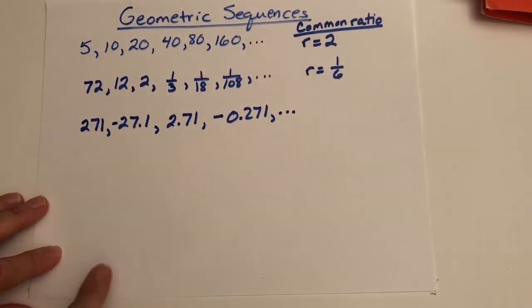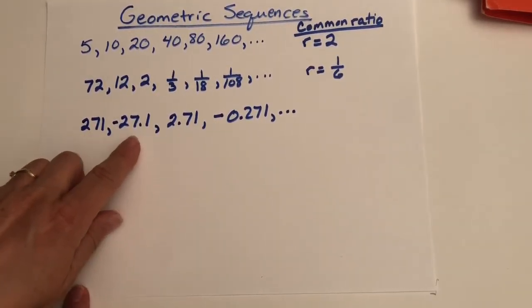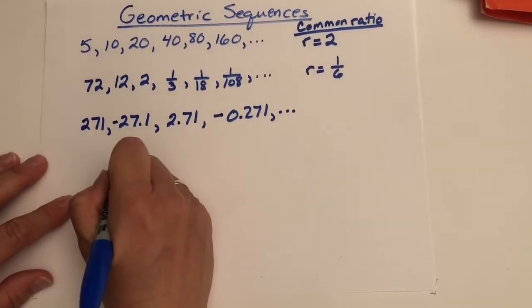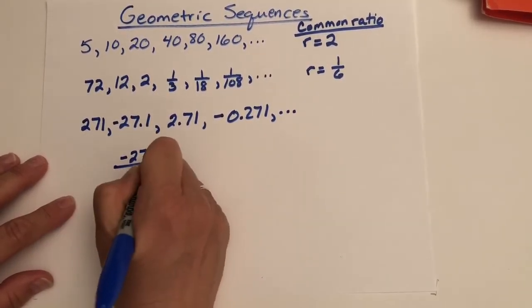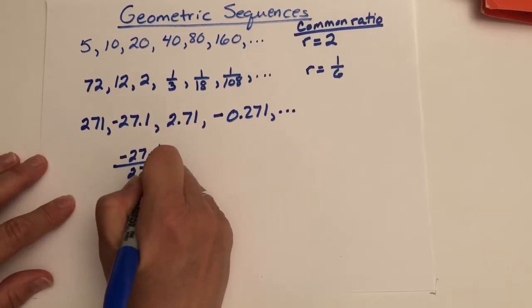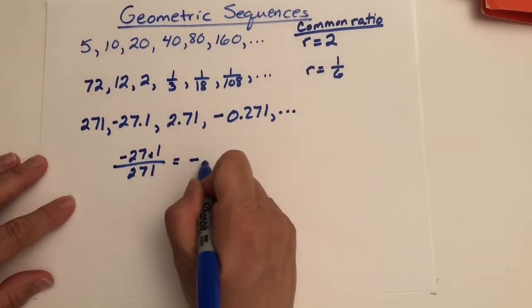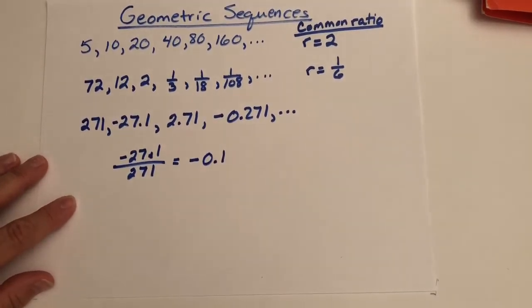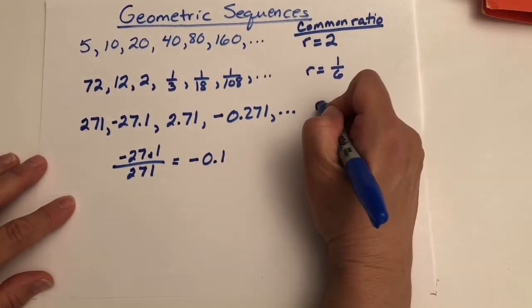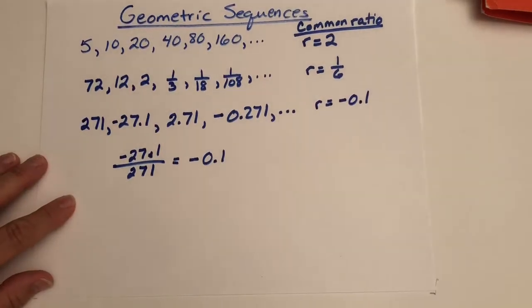In other words, if we take any two terms and divide, say negative 27.1 divided by 271, you would get negative 0.1. So our common ratio here is negative 0.1, or negative 1/10.